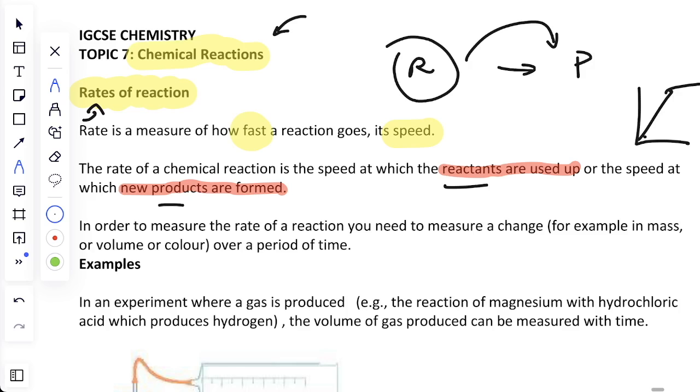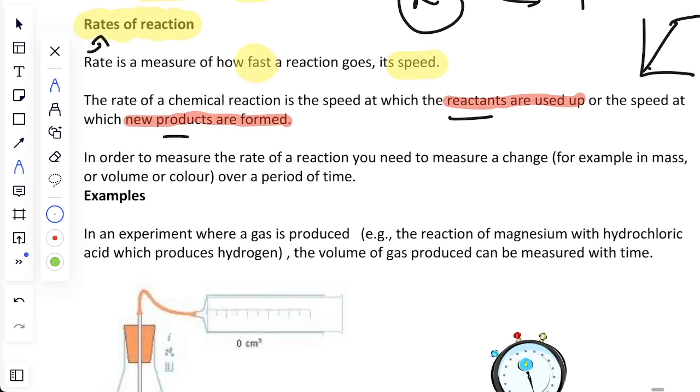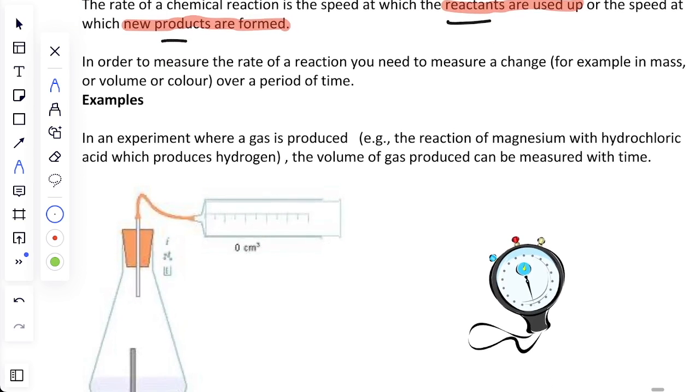So let's get this through the help of some examples here. To measure the rate of the reaction, we have several ways we can do this. The first way is through the help of mass. The products and the reactants have different masses, of course, so the mass of the products will be different compared to the mass of the reactants, and we can measure the rate of the reaction through mass.